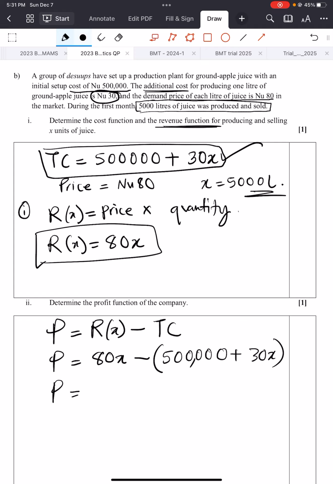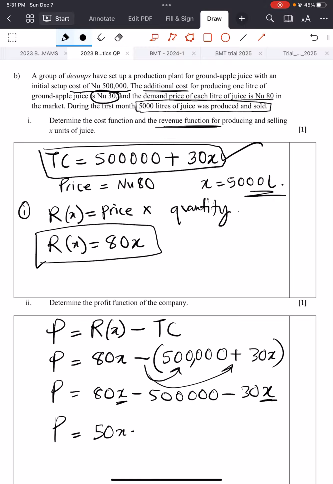So profit is equal to 80x minus 500,000 minus 30x. Combining like terms, P is equal to 50x minus 500,000. So this is your profit function.